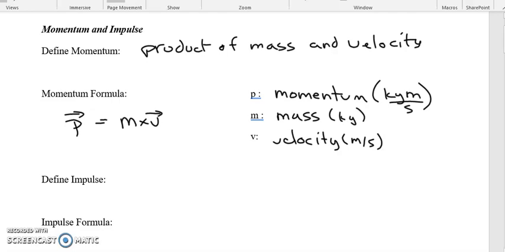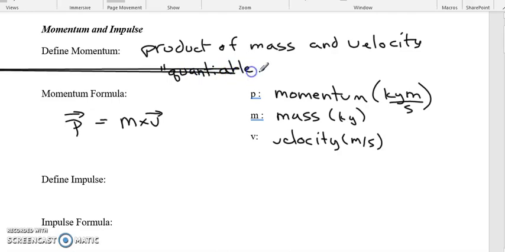Doesn't have a whole lot of real context, and as such, what we would probably like to do is give it some sort of real life context. And in this case, I like the definition of quantifiable inertia.